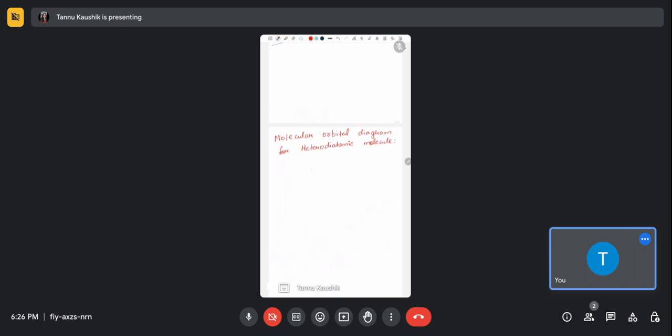If we have a molecule, let's say AB, this molecule doesn't have a center of symmetry because we have two different atoms here. This is a linear molecule, so the point group will be C infinity v.